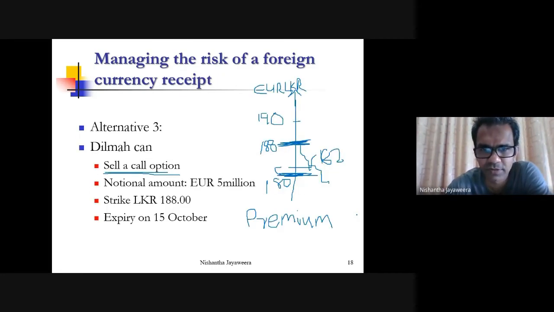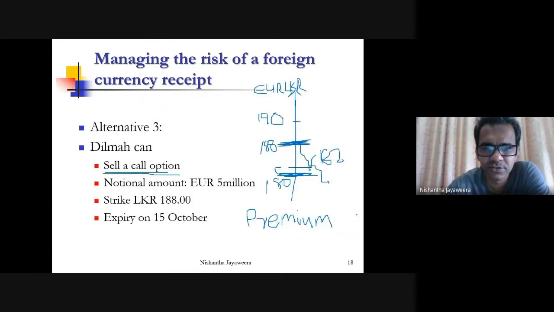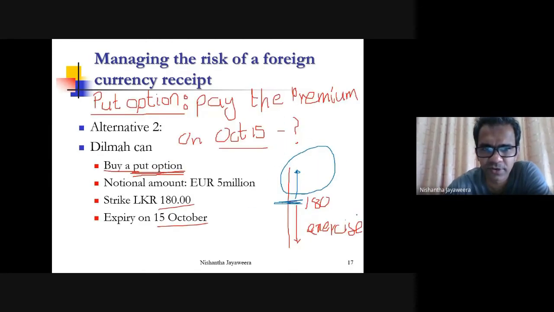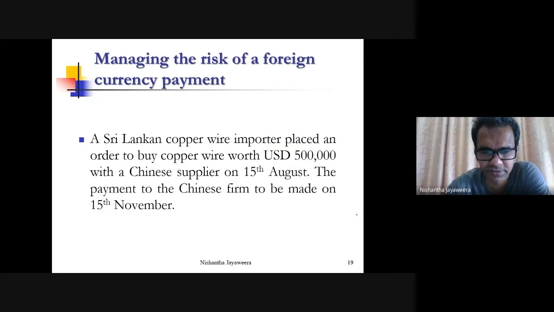Even a borrower in foreign currency can follow one of these steps. Use one of the above options to hedge the borrower's risk, because it's a receipt of foreign currency.